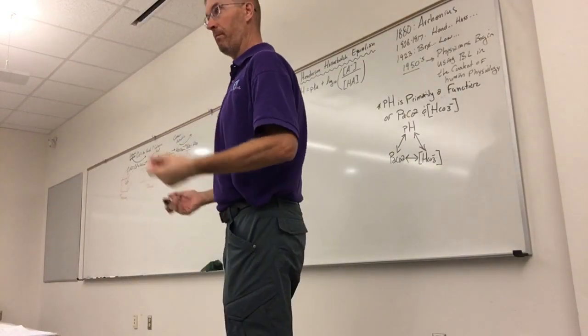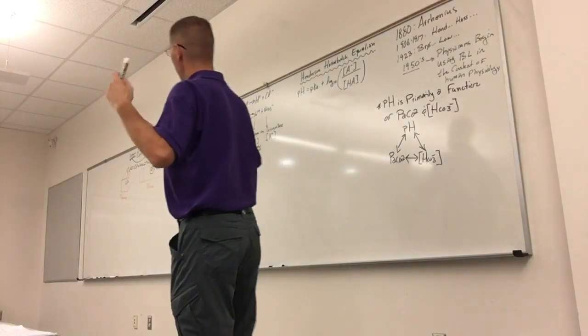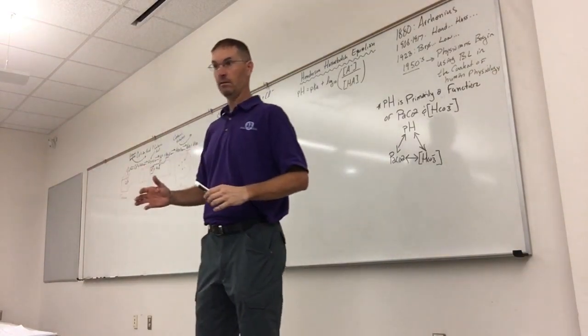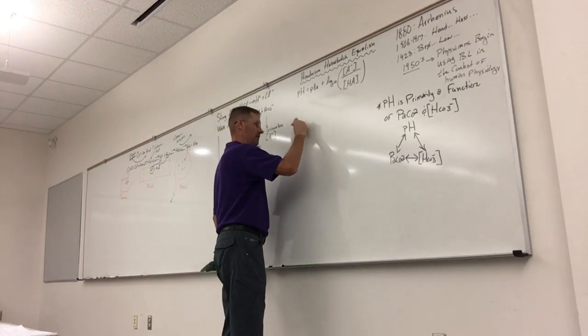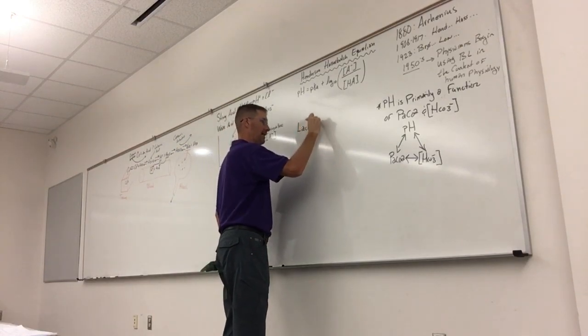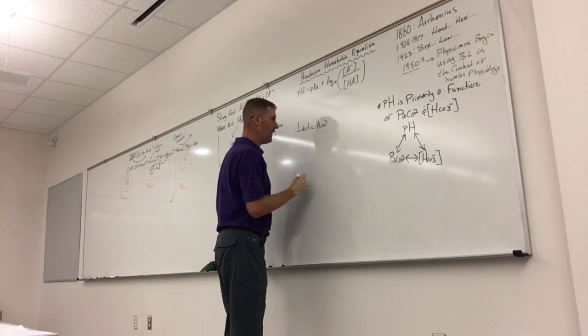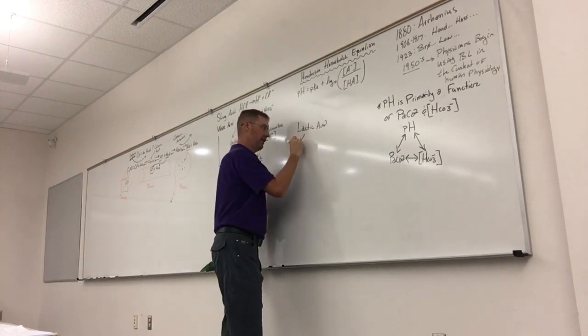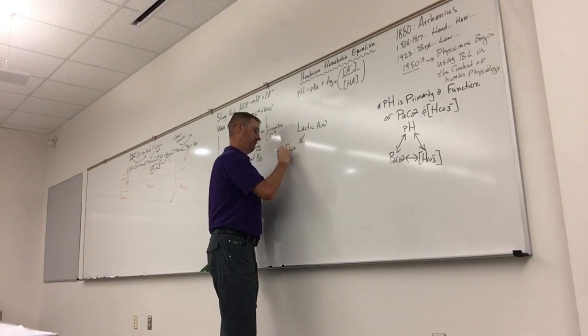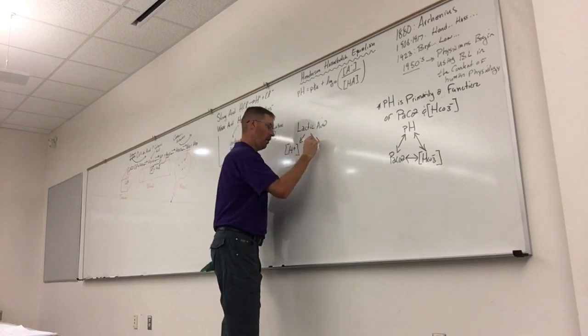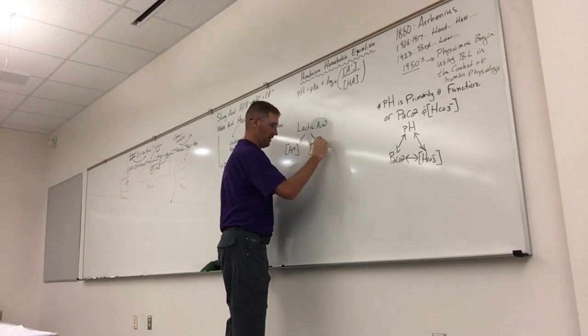For example, lactic acid. You guys have all heard of this. Lactic acid, when it dissociates, will break down into a hydrogen ion, and it will also break down into a conjugate base.